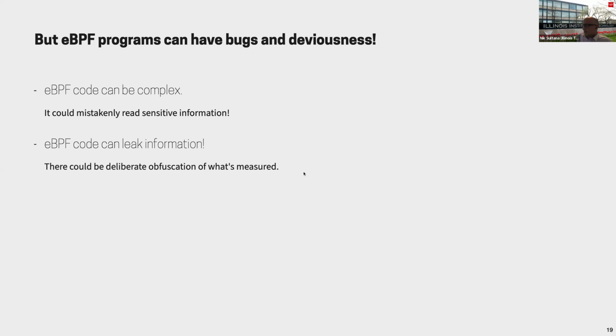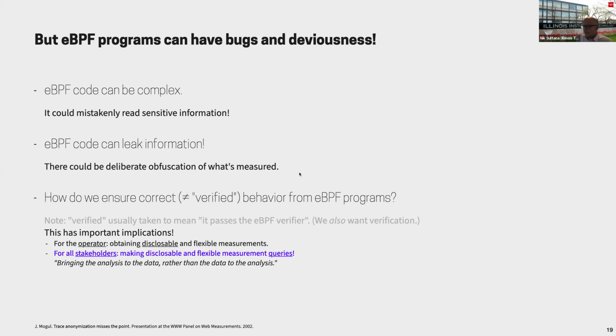So, by way of a distinction here, there is verified eBPF code that won't crash your kernel. That's fine, but we also want it to be correct in the sense that I'll make more precise in a bit, right? So we want to make sure that it is correct in the sense that it only allows measurements that are disclosable.